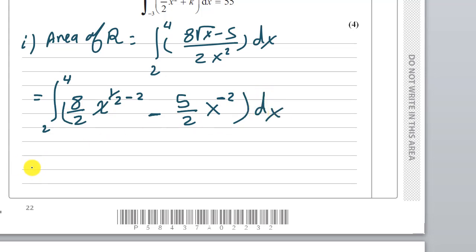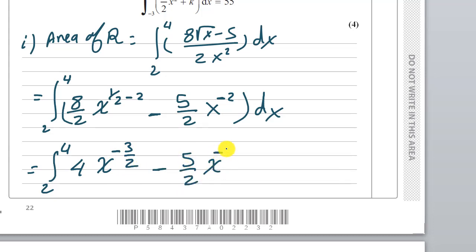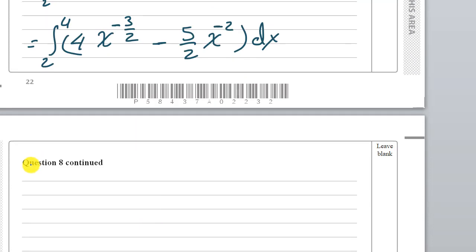dx. So it's equal to from 2 to 4, 4x to the minus 3 over 2, minus 5 divided by 2, x to the minus 2, dx. Let us start this integration.